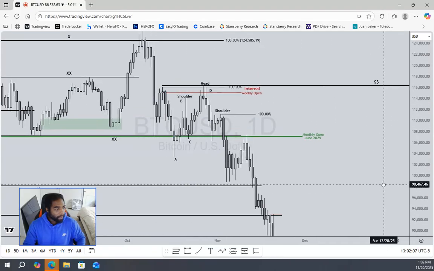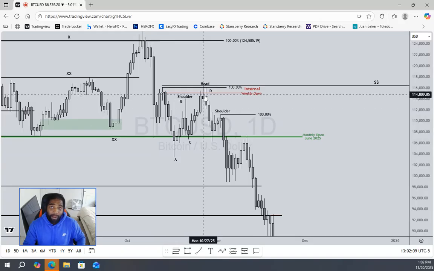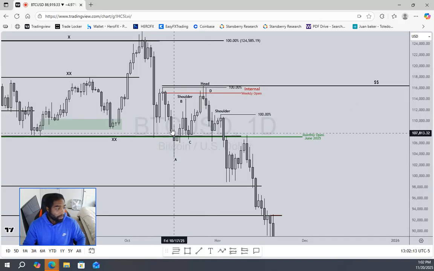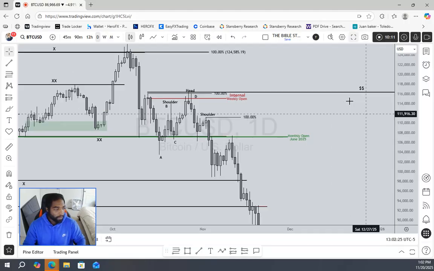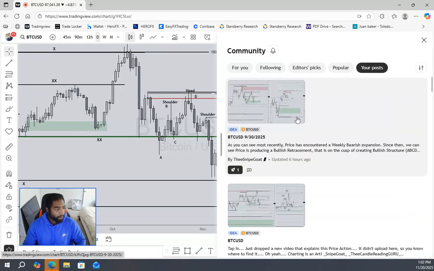And then, yeah, also, just peep game. Remember, inside of that weekly internal retracement, got that swing to swing here on the daily. And then again, look, structured retracement. A, B, C, D. There we go.